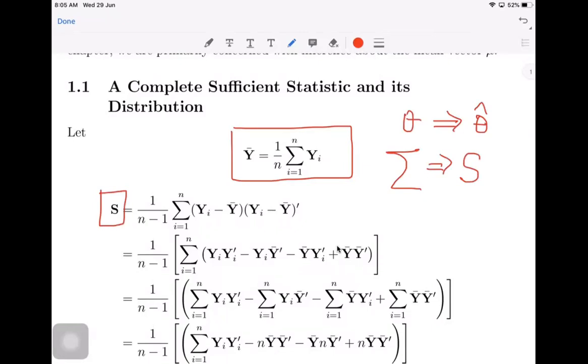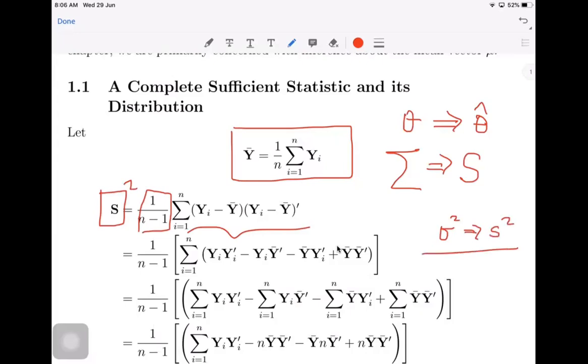In this particular scenario, this formula with the term divided by n minus 1 will be S. The usual notation would be s squared, but Arnold just uses S. In the univariate case, if we have sigma squared, this is usually estimated by s squared.